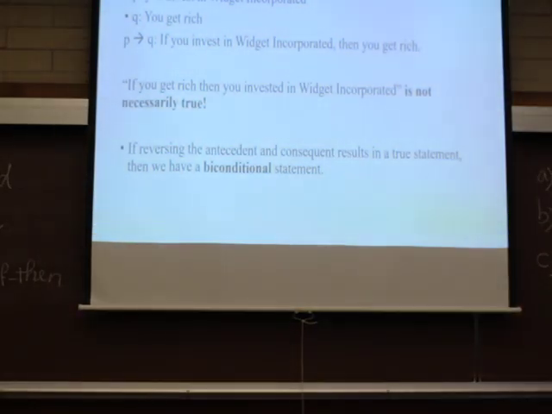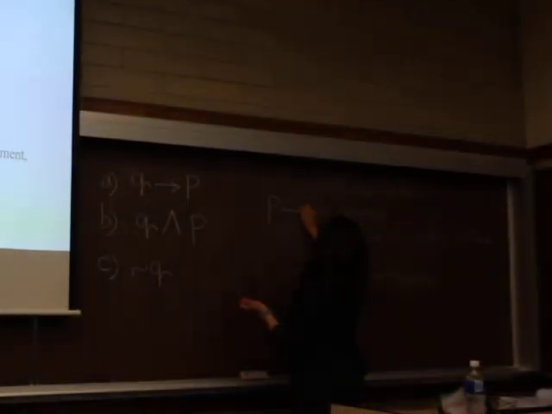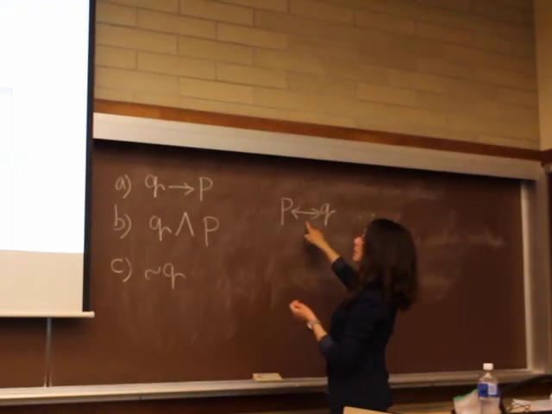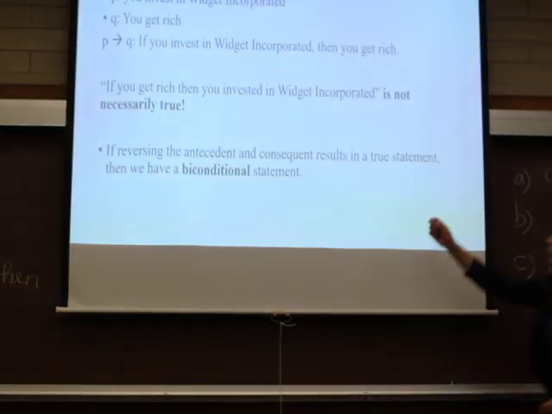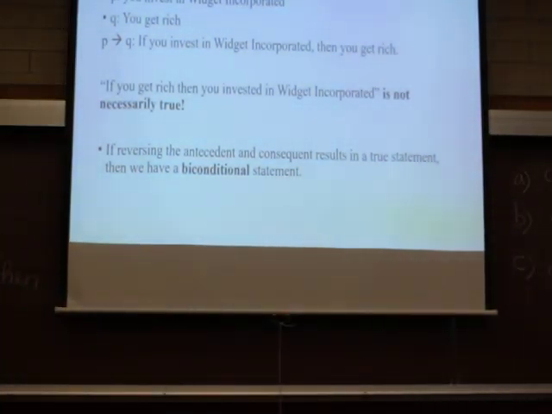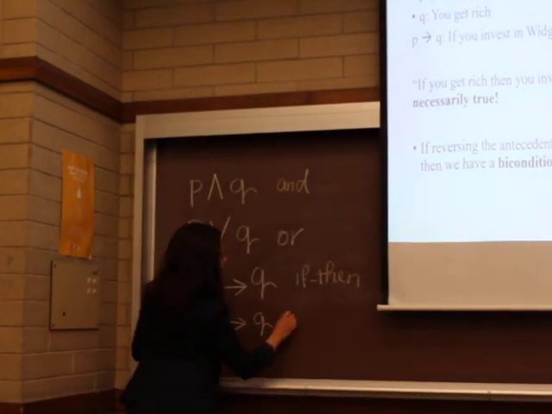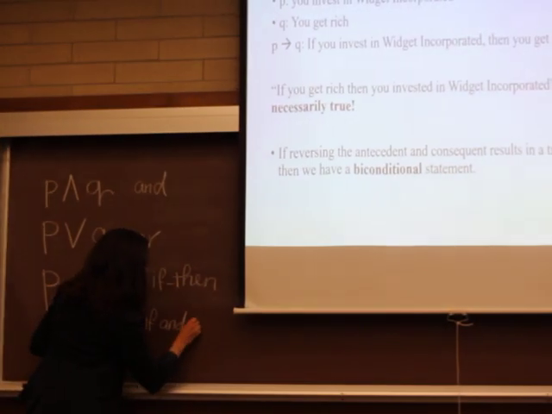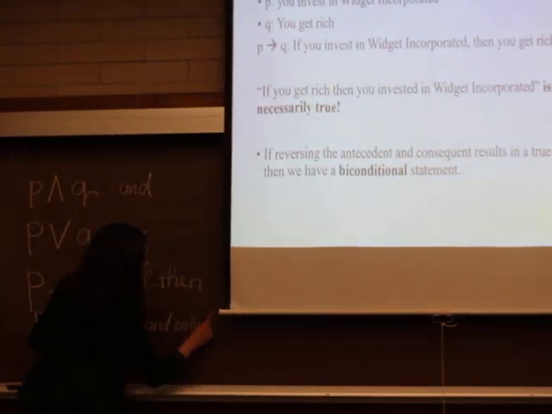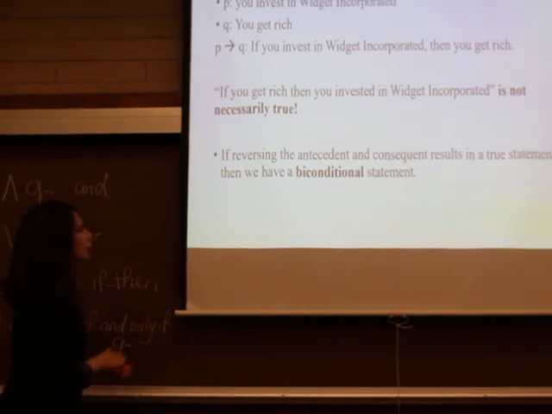So how we show that is P if and only if Q. This is the symbol that we used, right? In that case, we have a biconditional, if and only if. So P, if and only if Q. Biconditional. Here you go.